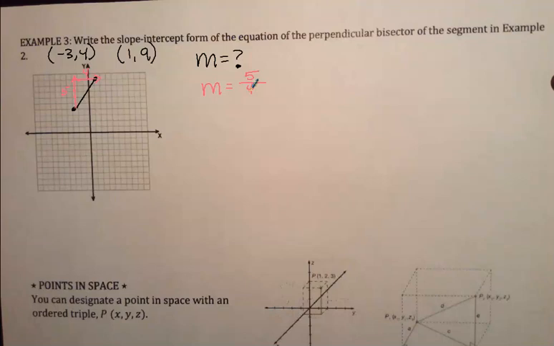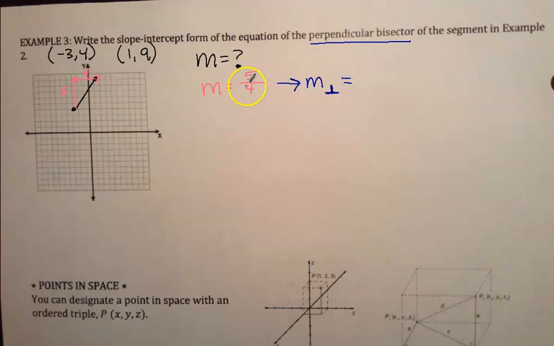Okay, now though, we want the perpendicular bisector. What do you remember about the slopes of parallel and perpendicular lines? Okay, parallel lines have the same slope. Perpendicular lines have the opposite reciprocal. So the slope of our perpendicular line, this is the symbol for perpendicular, needs to be the opposite of this one.